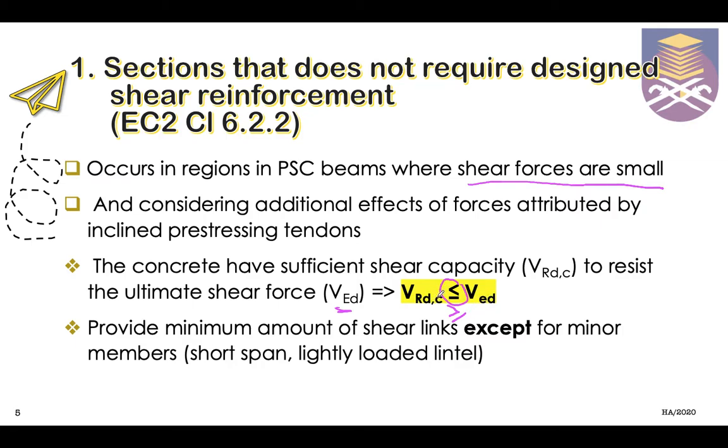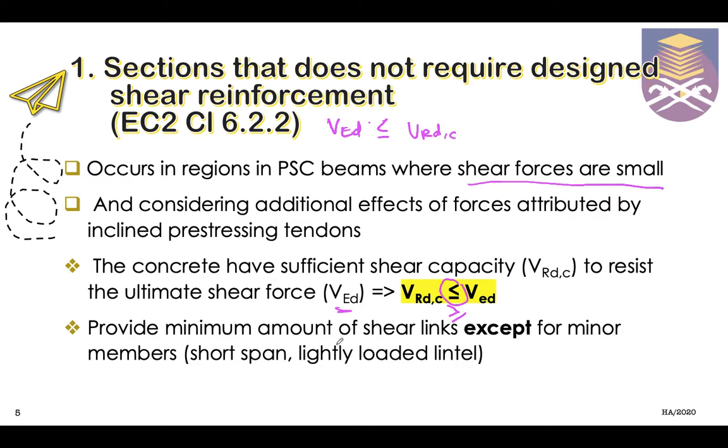So when VRd,c, the shear resistance of our section, is larger than the subjected shear, we can consider that the concrete already has sufficient shear capacity. I just write it here: VEd, which is due to the subjected shear, is lesser or equal to VRd,c. So this is the condition.